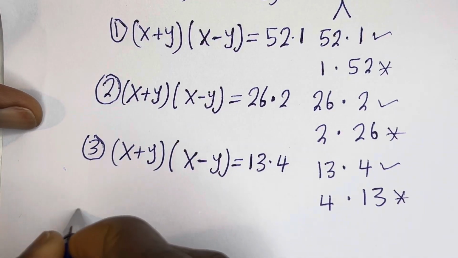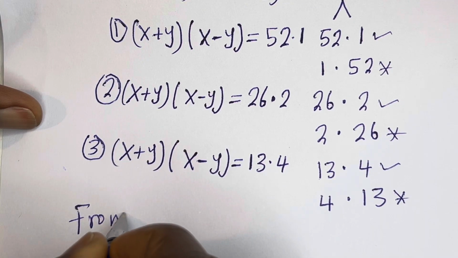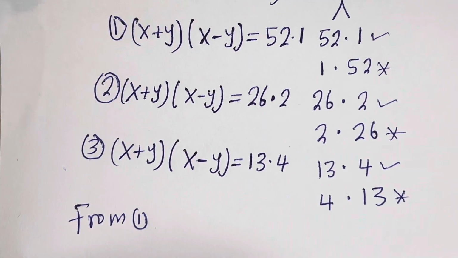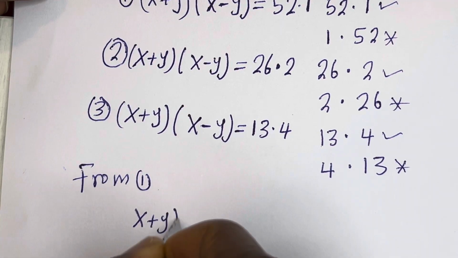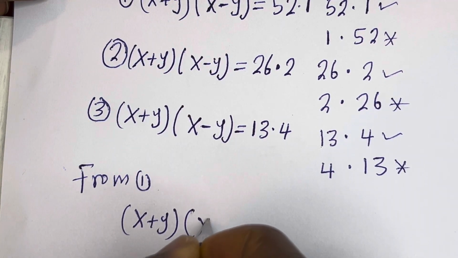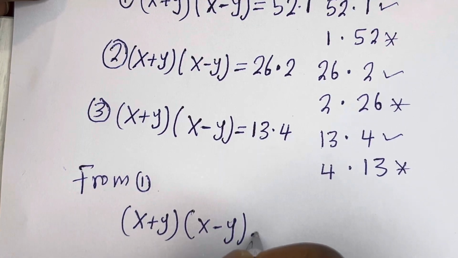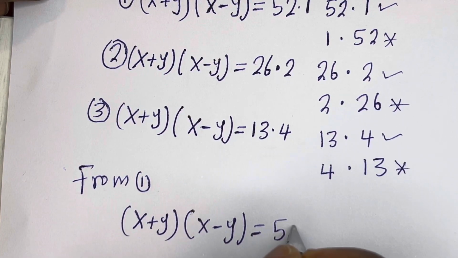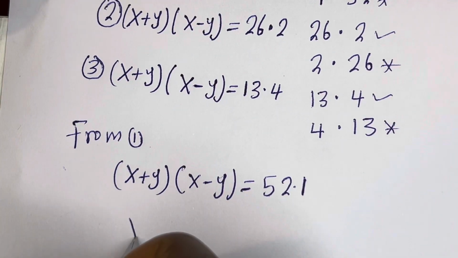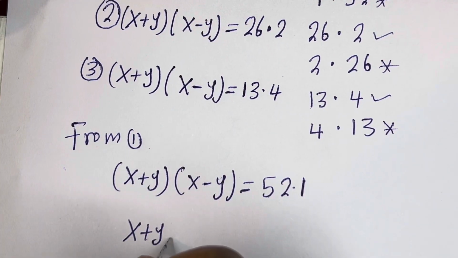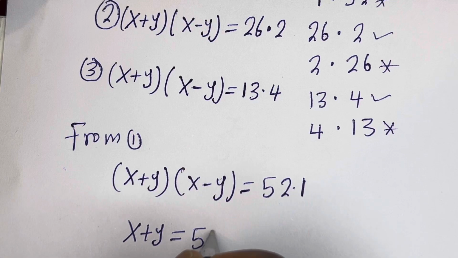From the first case, (x plus y)(x minus y) is equal to 52 multiplied by 1. x plus y is equal to 52.